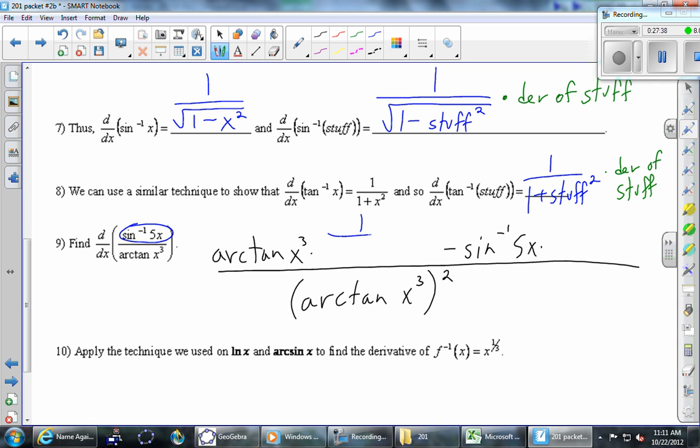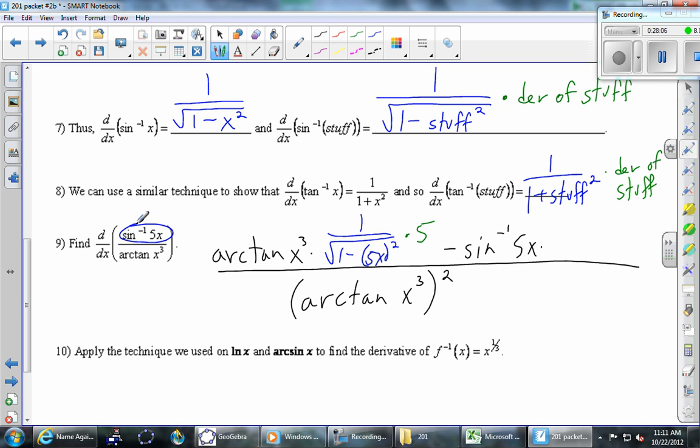So this becomes 1 over radical 1 minus something squared. What is the something? 5x, that's the stuff. So it should be 1 over root 1 minus 5x squared. But then in green, times the derivative of the stuff. The derivative of what's in the parentheses is 5. So that's that part.